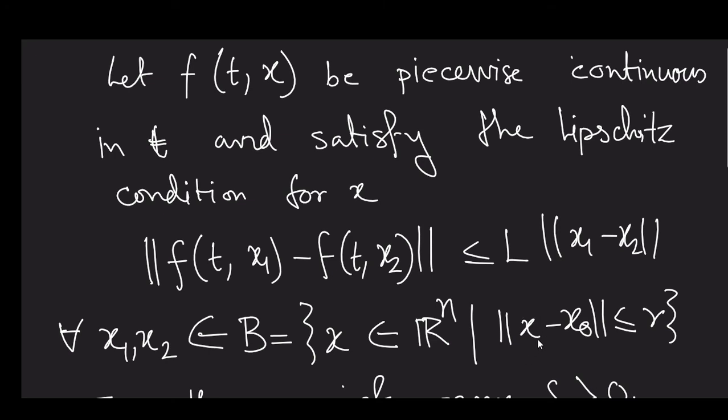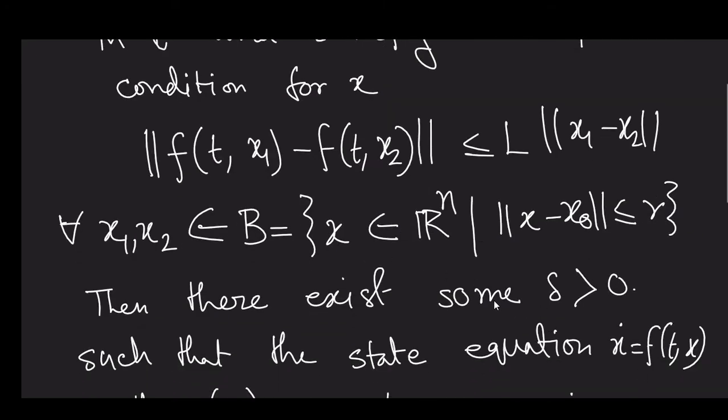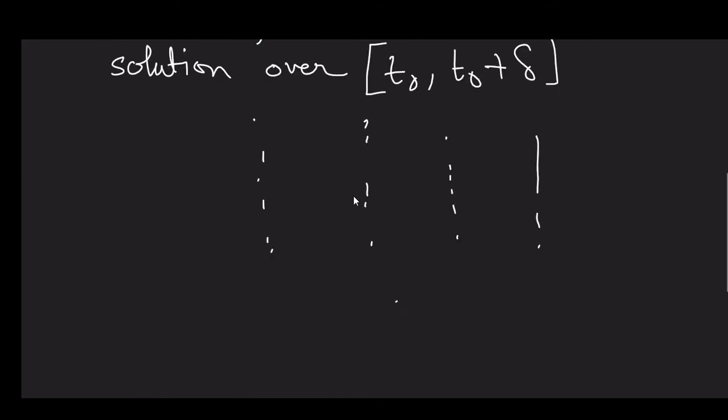So this is the Euclidean norm, right? x belongs to Rn. I'm trying to give you a pictorial view of this. Like you have a three-dimensional system like this.